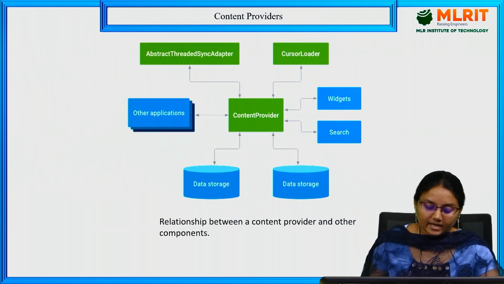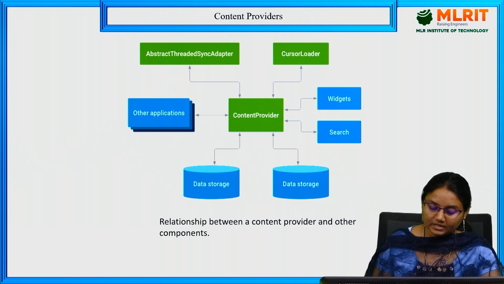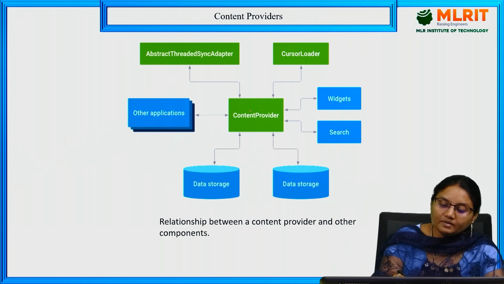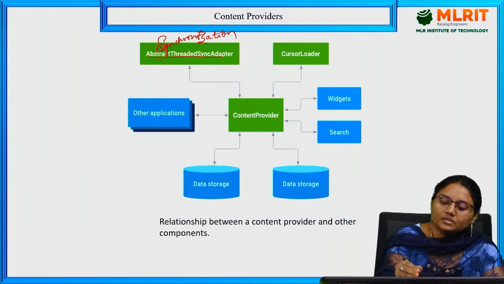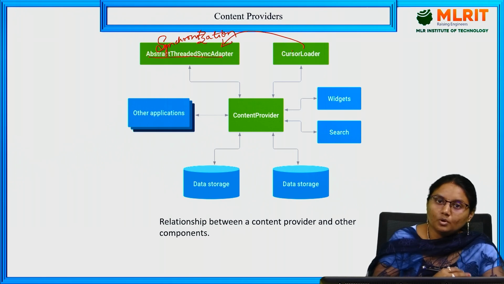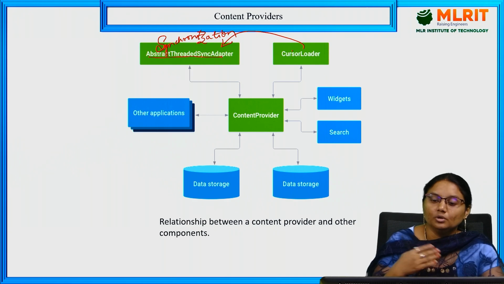This is a diagram which shows the relationship between the content provider and all the other components. You have a content provider which makes use of the AbstractThreadedSyncAdapter for synchronization with the application that you are using. And this content provider also makes use of the class cursor loader, which is used to know the sync adapter and load all of them.